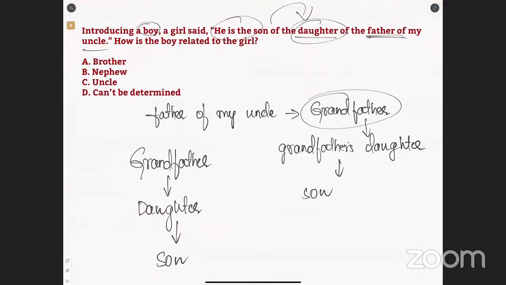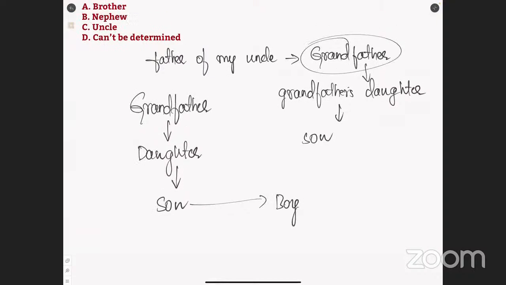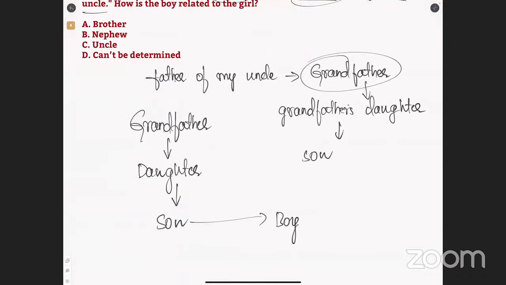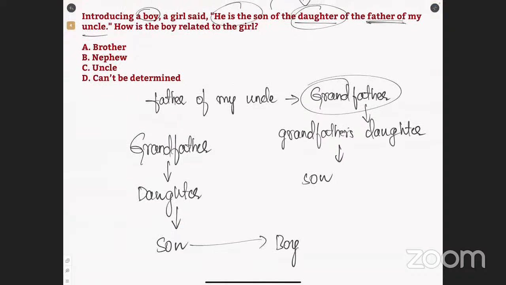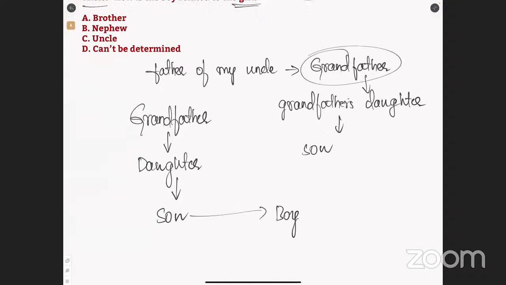Now introducing a boy, a girl said that. So the son is that boy. Okay. Now, how is the boy related to the girl? She said this boy is the son of the daughter of my uncle's father.